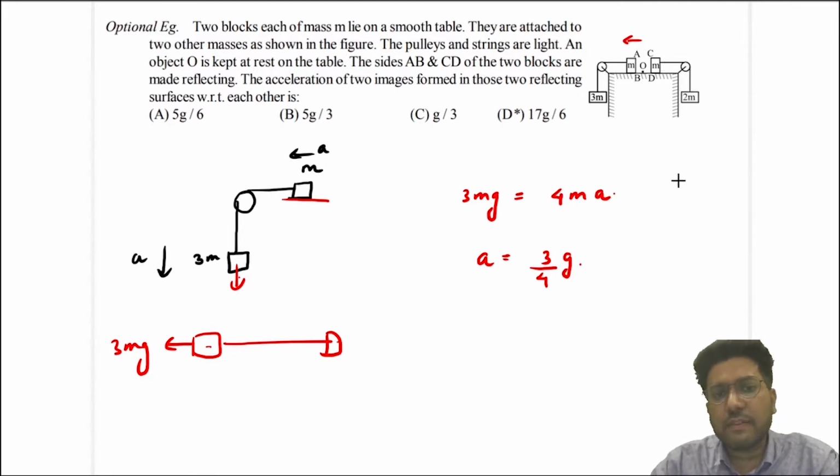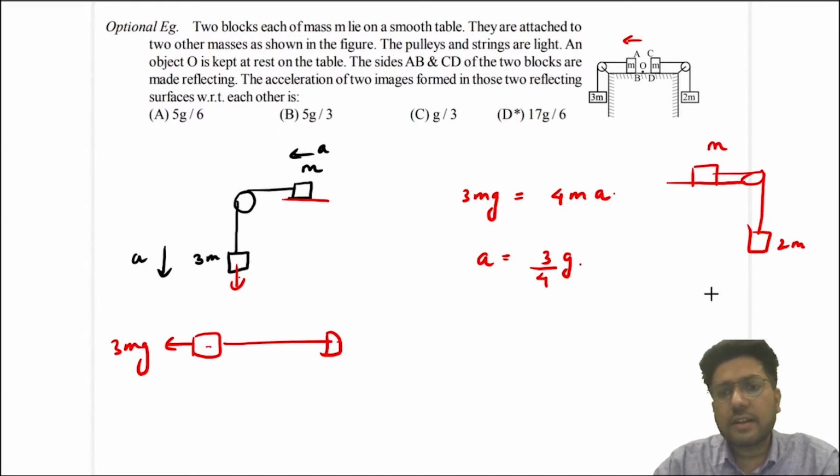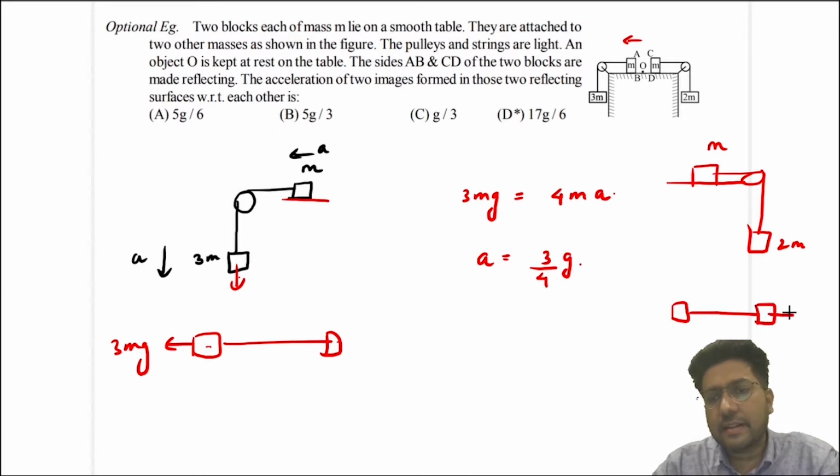Similarly, now if I draw the right pulley, this is M, this is 2M, right? So here again I will open it and a 2mg force is towards right from this side, and on this side it is horizontal, so there is no force of gravity.